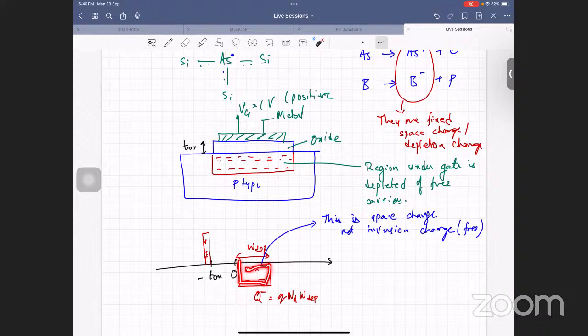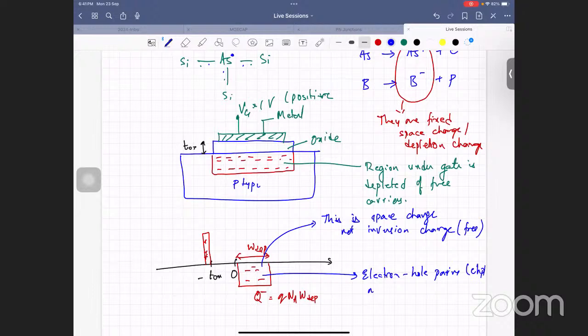Then it tries to produce electron hole pairs to restore equilibrium. If you have excess of carriers, you have recombination. If you have depletion of charges, you'll have generation of electron hole pairs.